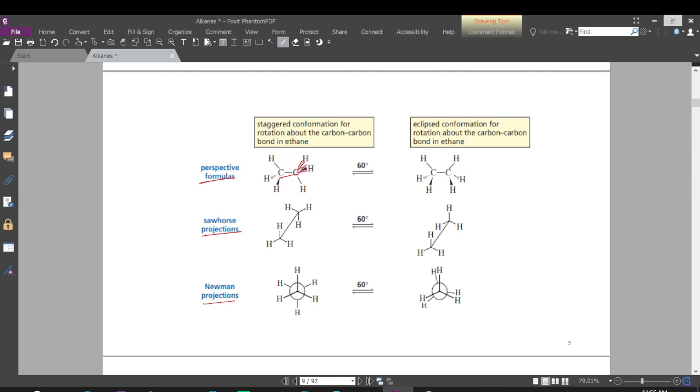The hash line means this carbon-hydrogen bond is going into the paper, and the filled wedge means this bond is coming out from the paper, and the solid line represents bonds on the plane of the paper.